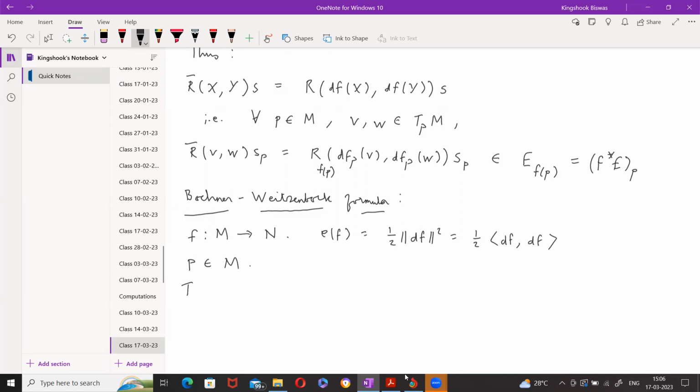What you can do is take an orthonormal basis of T_pM and then parallel transport it along geodesics passing through p.